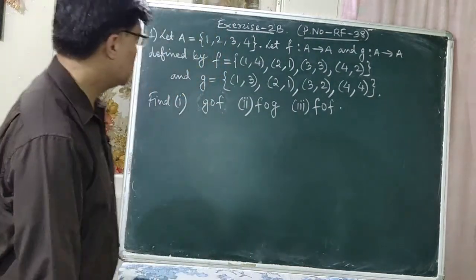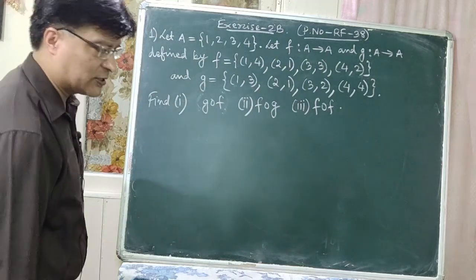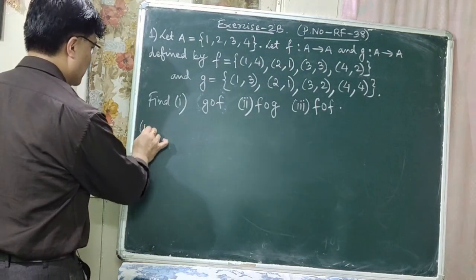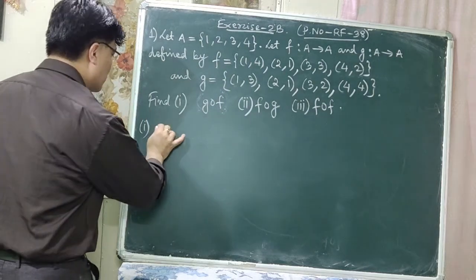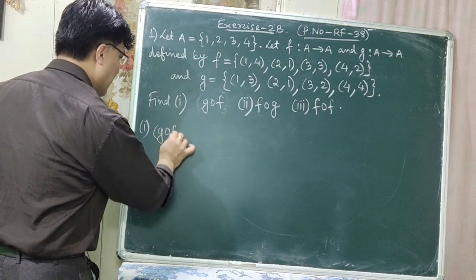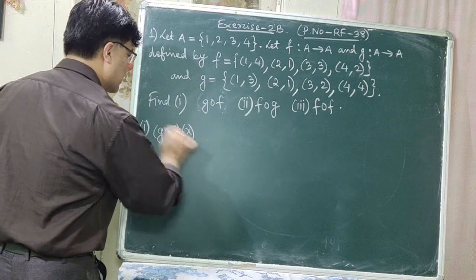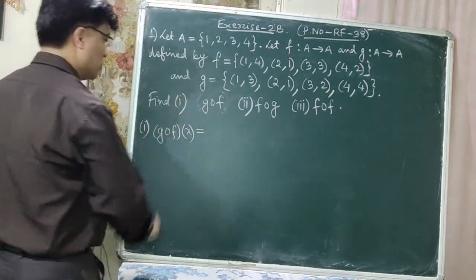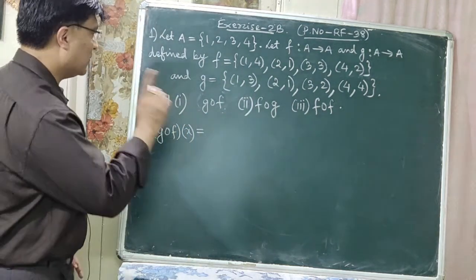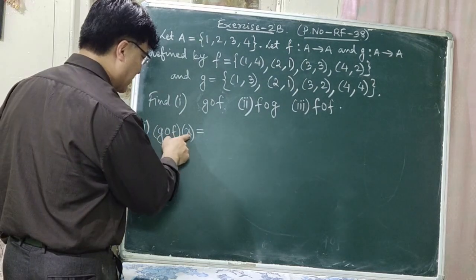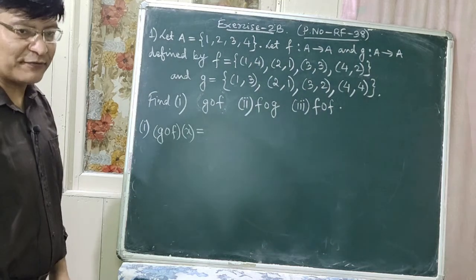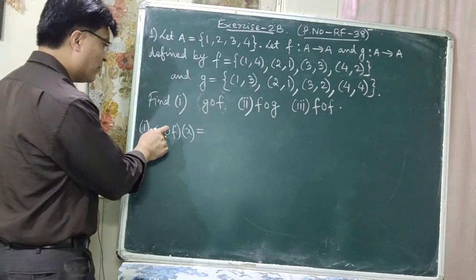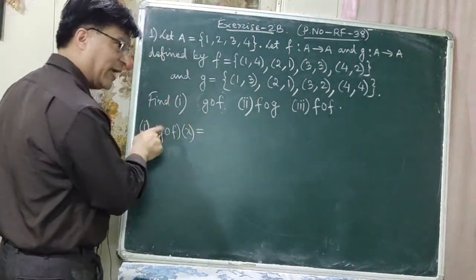Is that clear? So now let us find out gof first. In order to find gof, you have to find gof of x first. In this case, the domain of gof is equal to the domain of f.